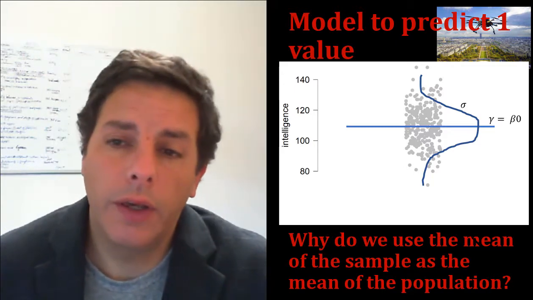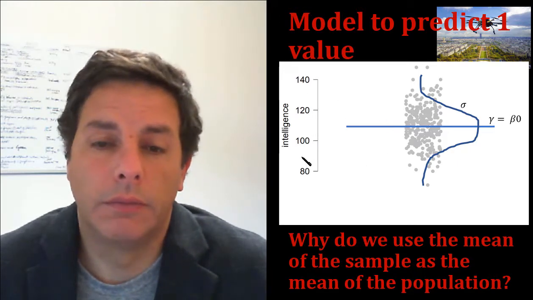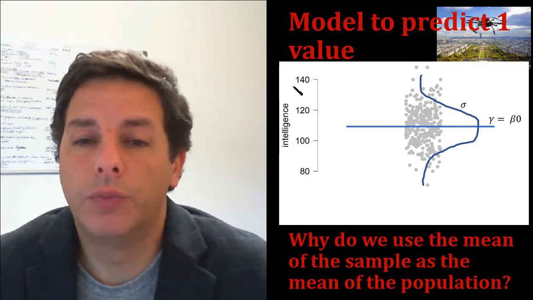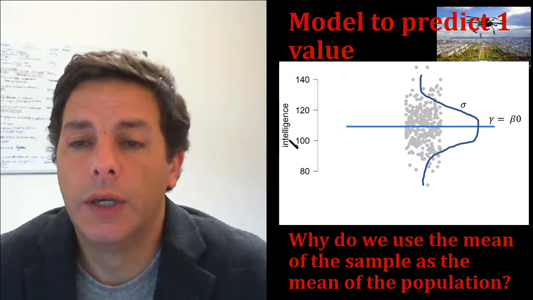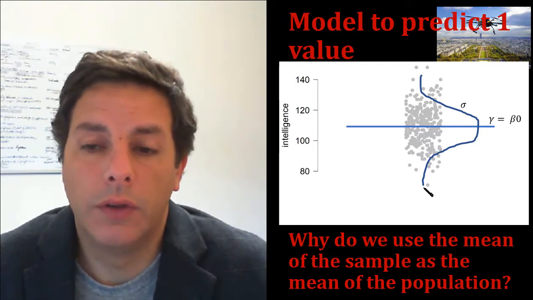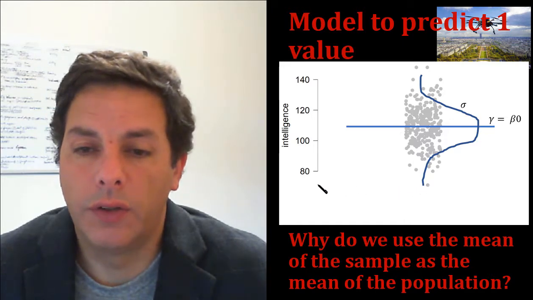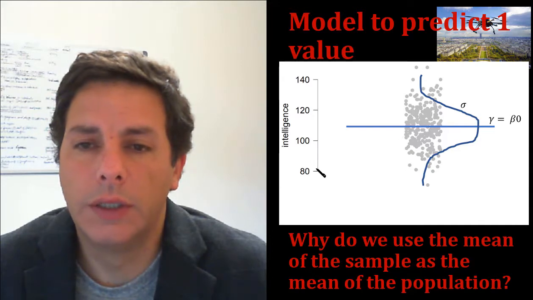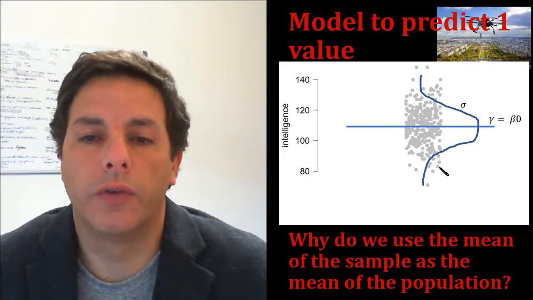Okay, so here we've got a variable y, which in this case is intelligence, and the gray dots represent the data. So this dot is a value less than 80, this one is almost 80, and this value is 140, and so on and so forth.